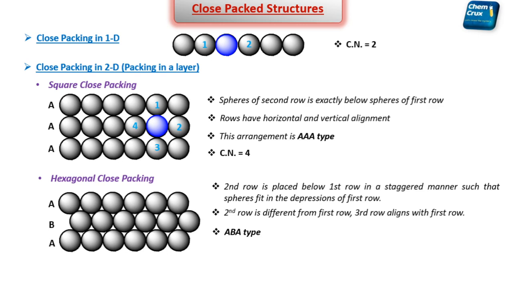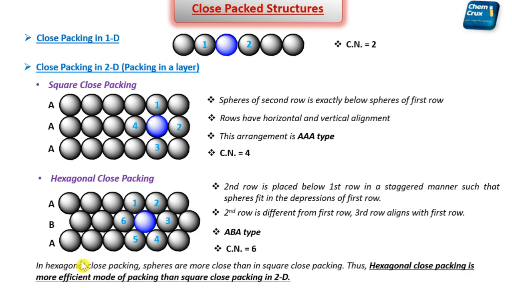Now if we find the coordination number for suppose this sphere. So we can see this sphere is actually in contact with 6 spheres. So we can say coordination number for hexagonal close packing is 6, right?